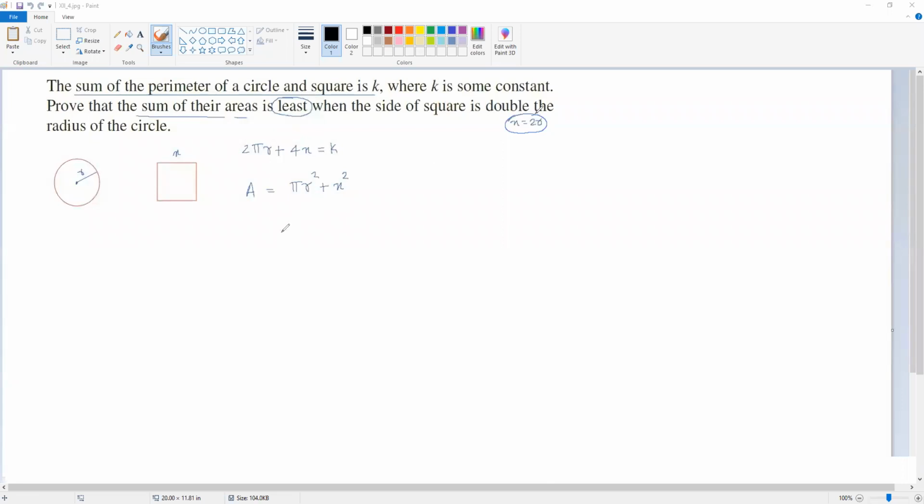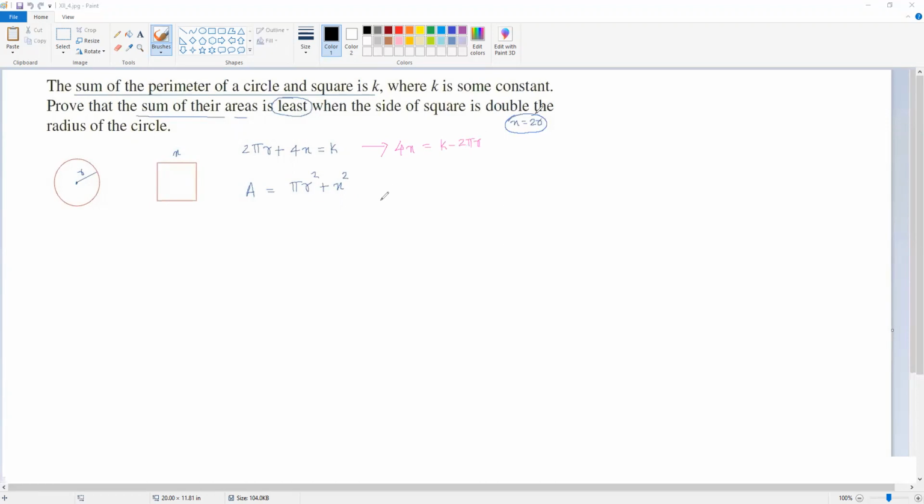Now, this area, you can see that this is in two variables, r and x. So we have to make it into one variable. So this is from the above step. From here, you will get 4x is equal to k minus 2 pi r.